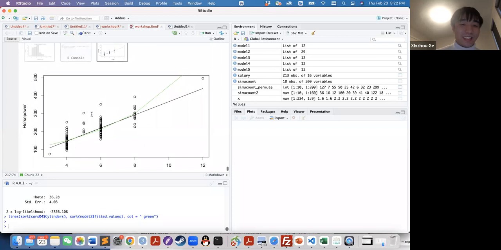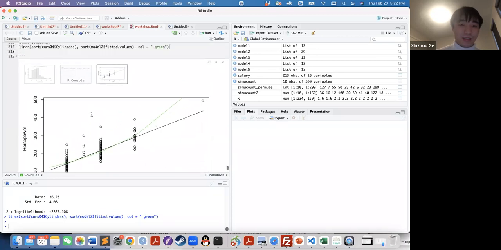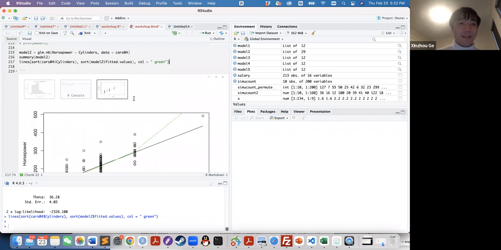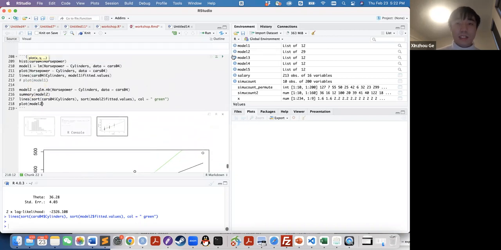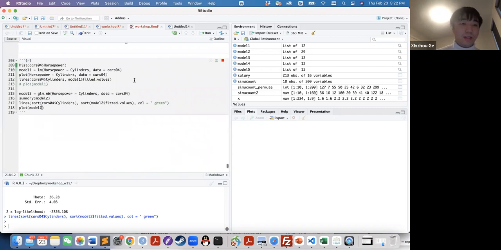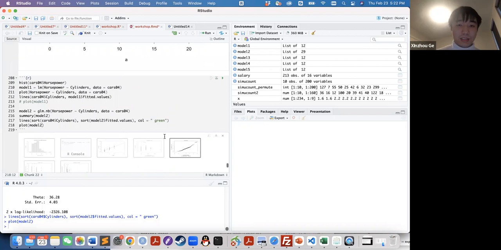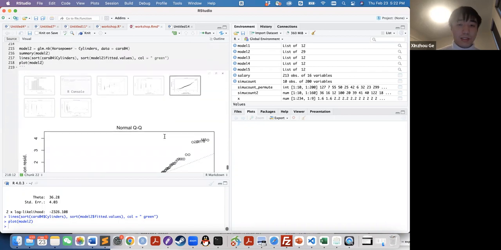So the problem that I described may still exist, but maybe you can look at the diagnostic plot. So if you look at the plot of model 2, to see whether this will improve the properties of the QQ plot.